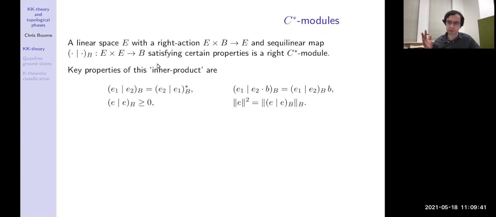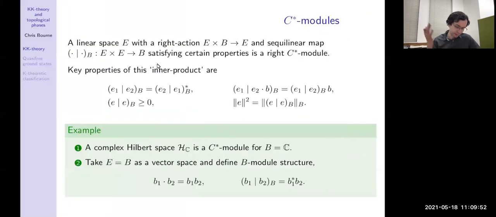So there are actually other properties as well, but these are the essential ones which highlight the difference between a C-star module and a Hilbert space. But of course, for example, if I just take the complex numbers, which is a perfectly reasonable C-star algebra, if maybe a little trivial, then a Hilbert C-star module for the complex numbers is just a Hilbert space, and the inner product is just the inner product.